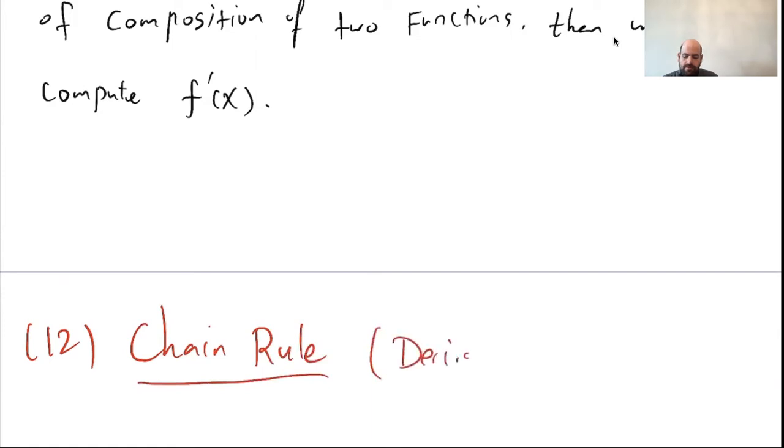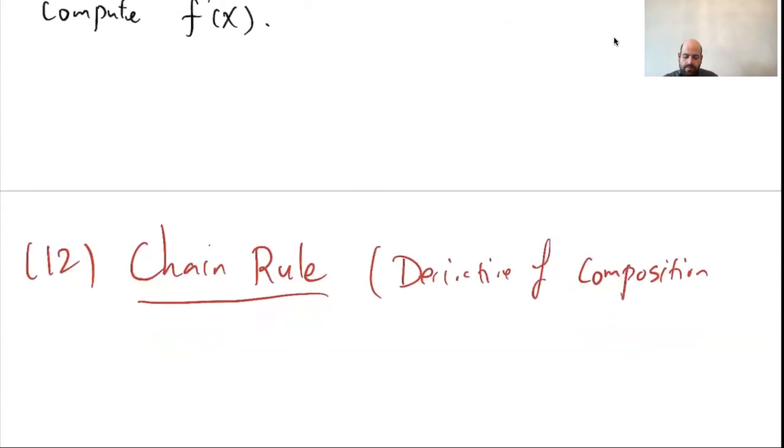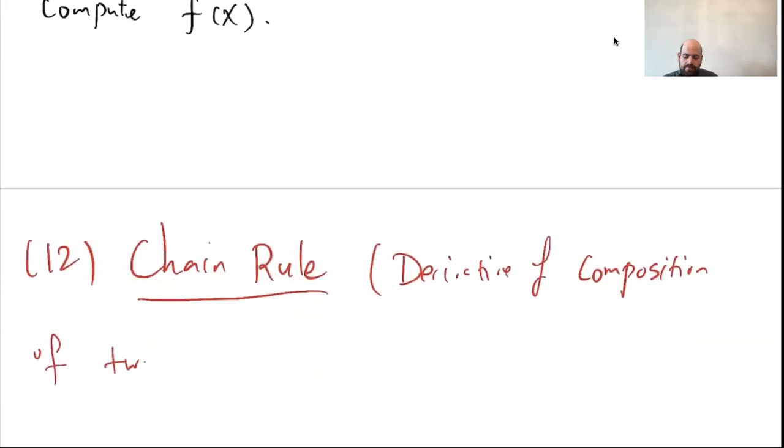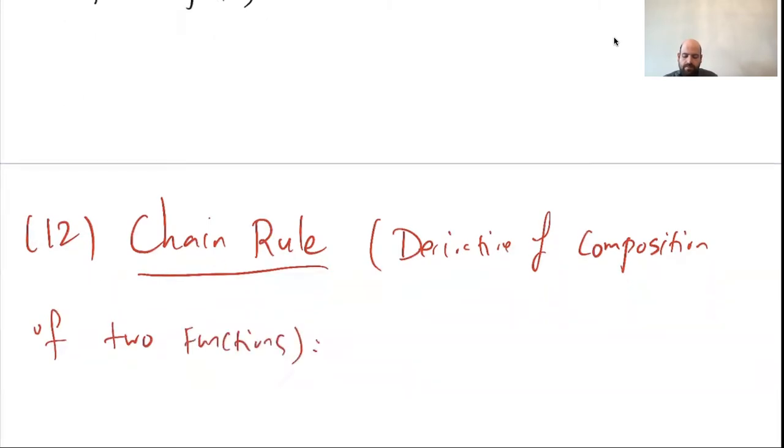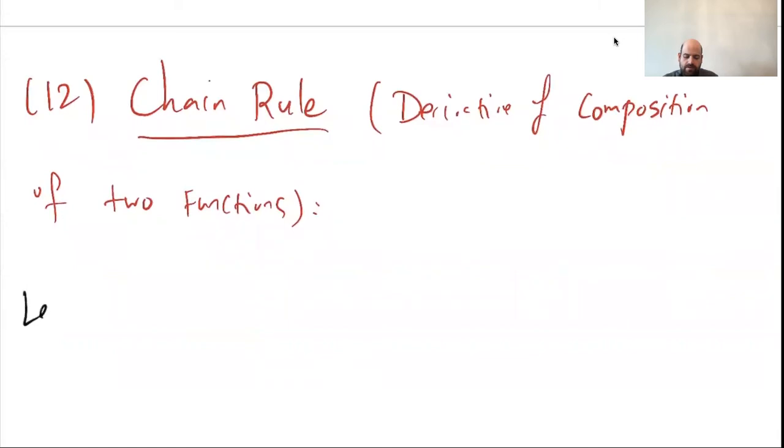Derivative of a composition of two functions. So let me state the chain rule, or the derivative of a composition of two functions, for you. Let f of x and g of x be two functions.